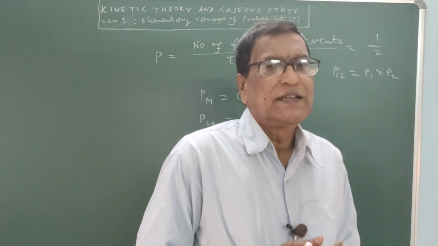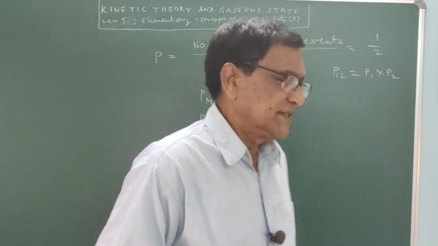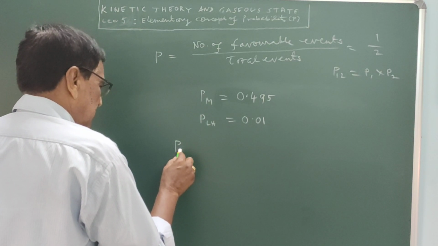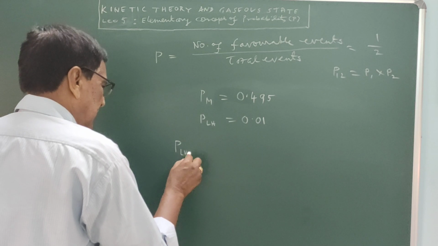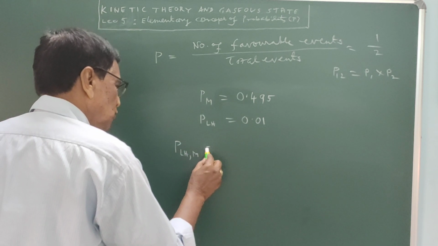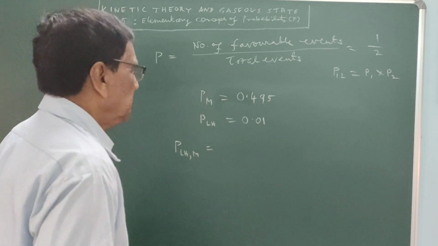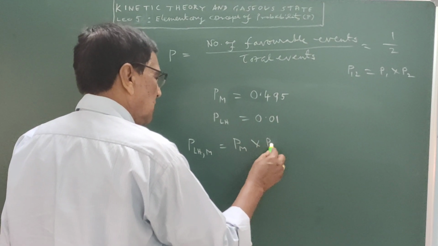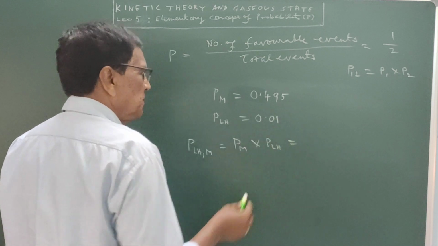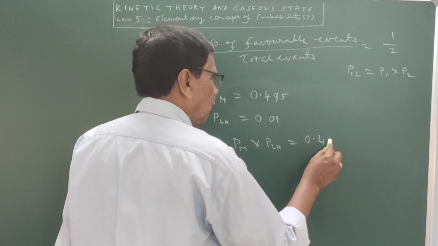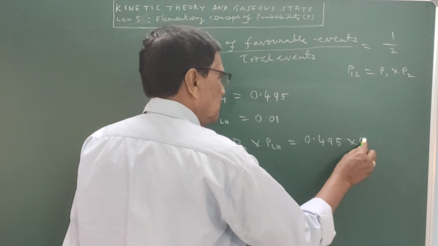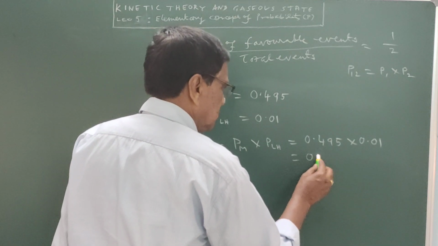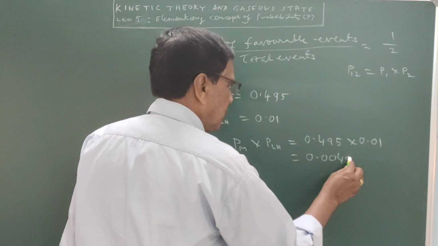Now if we impose the two conditions, what will be the probability of a person to be a left-handed male? The probability of left-handed and male person will be equal to the product of the two. So this will be equal to 0.495 into 0.01, which is equal to 0.00495.